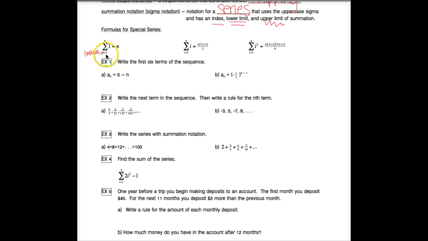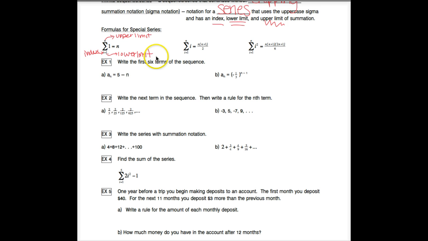My lower limit is going to be the starting point here. That's where the series is going to start. The upper limit of summation is always on the top. If you remember the binomial expansion, we started at whatever the lower limit was and we kept going until we hit the upper limit. So that's going to be true on all of these.